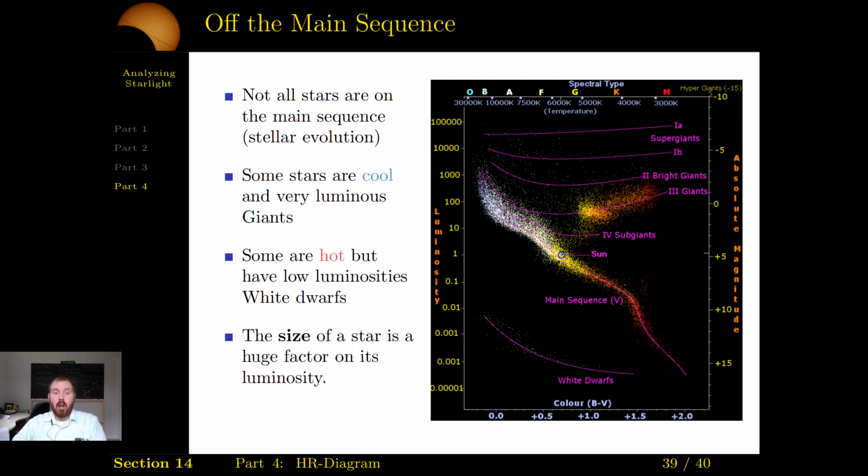So, not all stars are going to be on the main sequence. We can talk about the giants, how a star can go from on the main sequence to leaving the main sequence. And you're going to get some weird examples here. Some stars are going to be very cool, right? Remember, this end of the spectrum is the coolest stars, but the higher up we go, the more luminous we get.